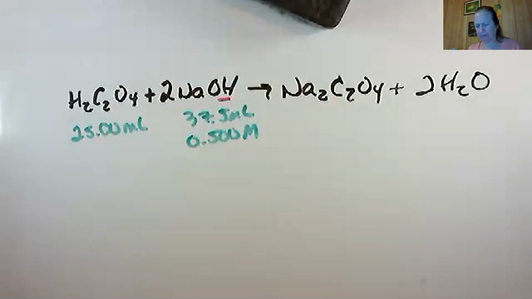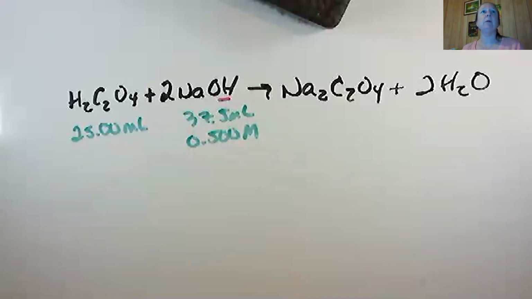Now I'm not going to convert the milliliters. I'm going to use the way the slide uses it, which refers back to what I was talking about: as long as you keep the same unit top and bottom, then you can do that.